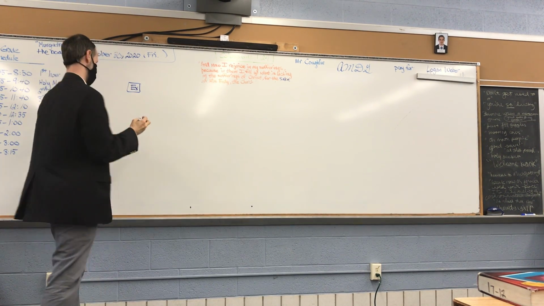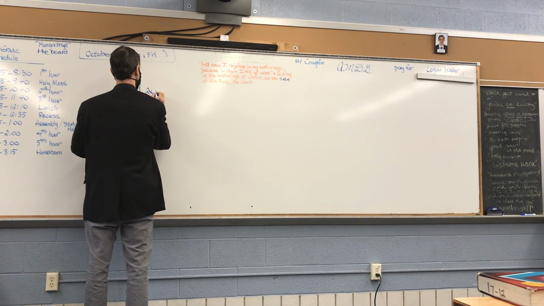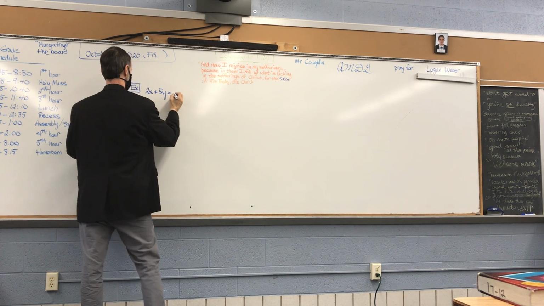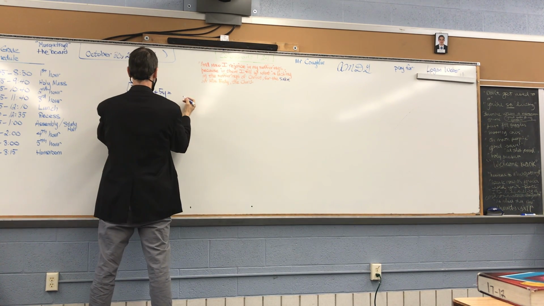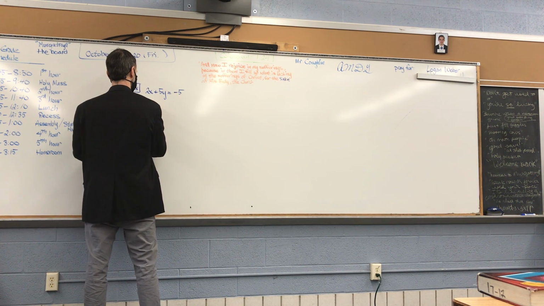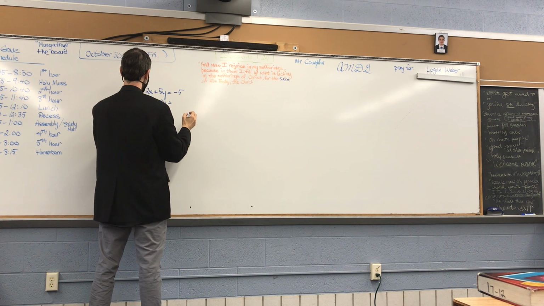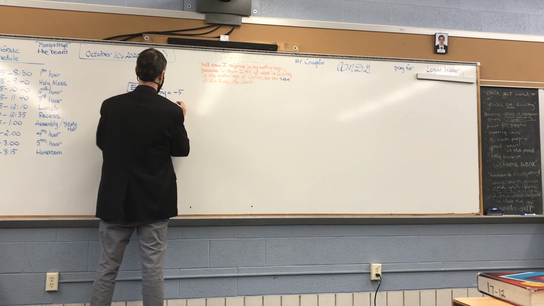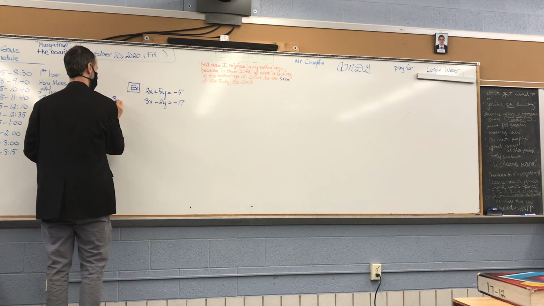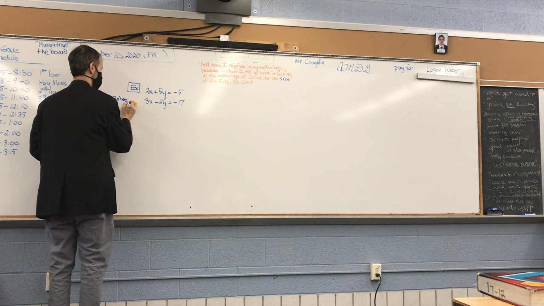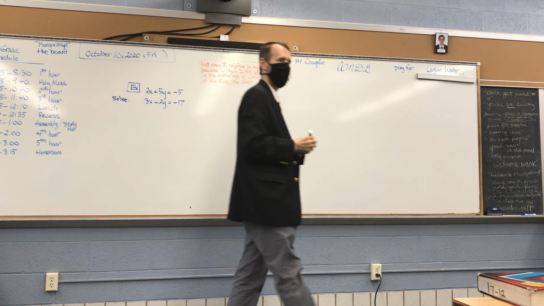Just for example, 2x plus 5y is equal to, and then 3x minus 2y equals negative 17.